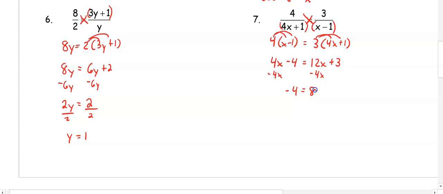Negative 4 is equal to 8x plus 3. We can subtract 3 on both sides, so negative 7 is equal to 8x. To get x by itself, we divide by 8. So that is negative 7/8, which is equal to negative 0.88 if we are rounding to our 100th place.